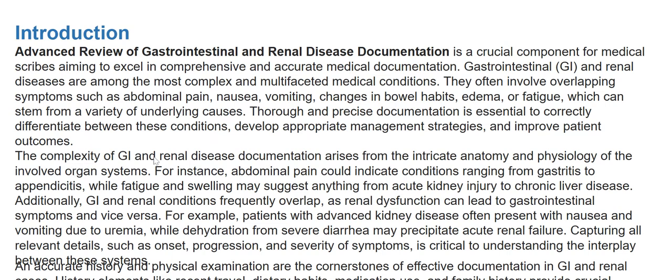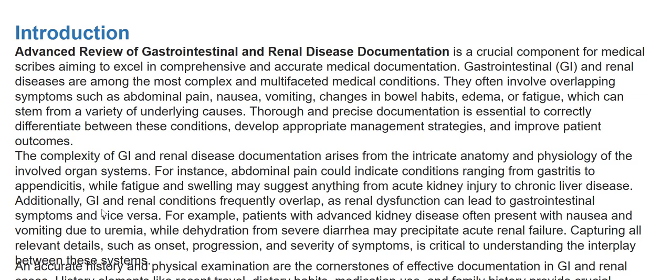The complexity of GI, gastrointestinal, and renal disease documentation arises from the intricate anatomy and physiology of the involved organ systems. For instance, abdominal pain could indicate conditions ranging from gastritis to appendicitis, while fatigue and swelling may suggest anything from acute kidney or renal injury to chronic liver disease or chronic hepatic disease.